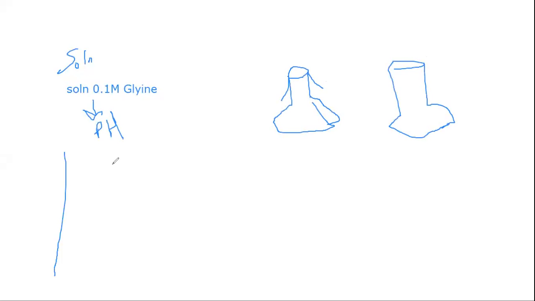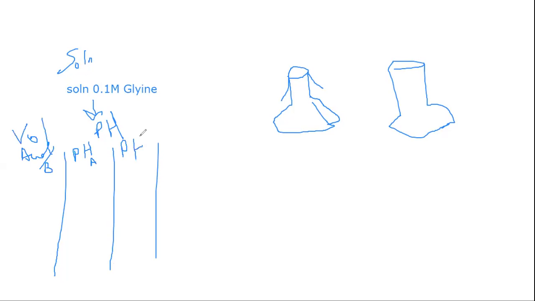Here we will draw the columns: volume, acid or base. Here is the pH when treating with the acid. Here is the pH when treating with the base.